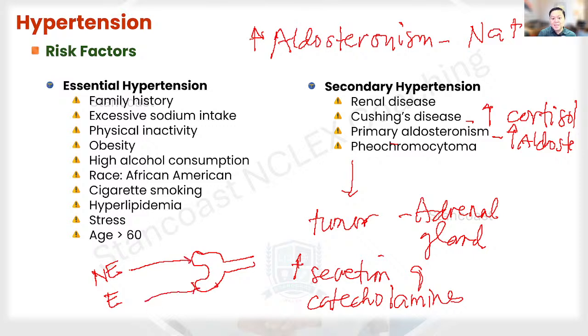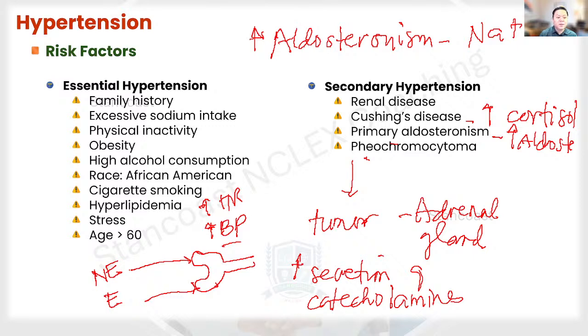When these receptors are activated by the neurotransmitters, this can lead to blood pressure elevation, okay? And not just the blood pressure, it can also increase the heart rate, okay?